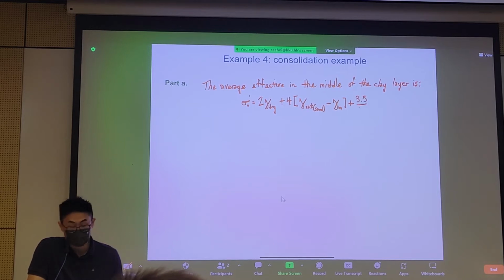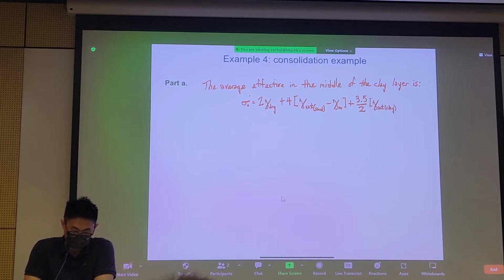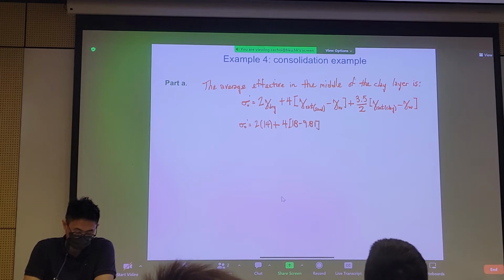And since we're calculating at mid-depth, we just have 3.5 divided by 2, because we already discussed that we want the average at the middle of the clay layer. So if we plug all our known values in, our unit weight is 14 minus 9.1.